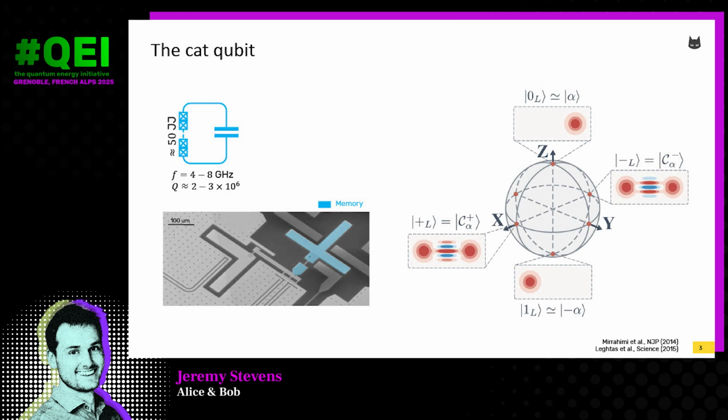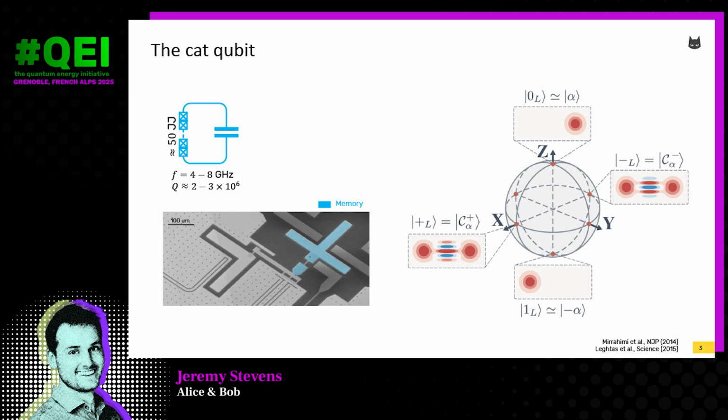The Z basis states of the encoding are given approximately by the plus and minus alpha coherent states, which are represented here by their Wigner functions. And along the x-axis of the Bloch sphere, you find the positive and negative superpositions of alpha and minus alpha, which are the cat states. And so this is why the encoding is called cat-qubits.